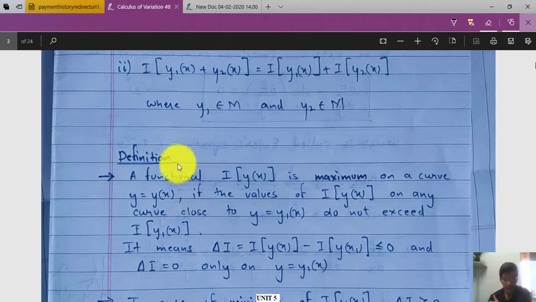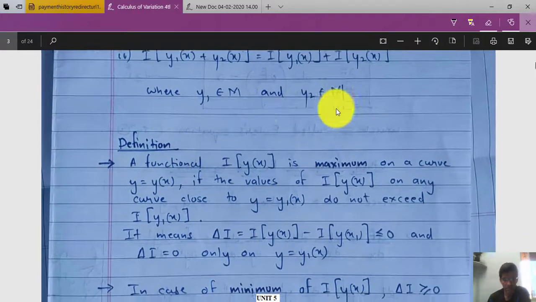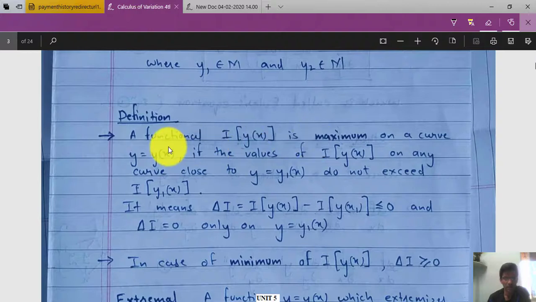Now here comes the definition. A functional I[y(x)] is said to be maximum on a curve y is equal to y of x if the values of the functional on any curve close to y is equal to y1 of x do not exceed I[y1(x)].